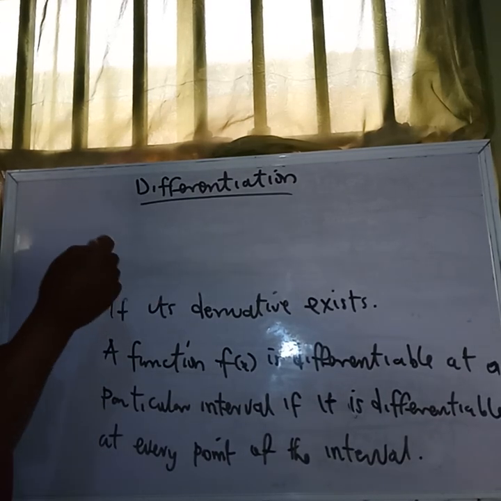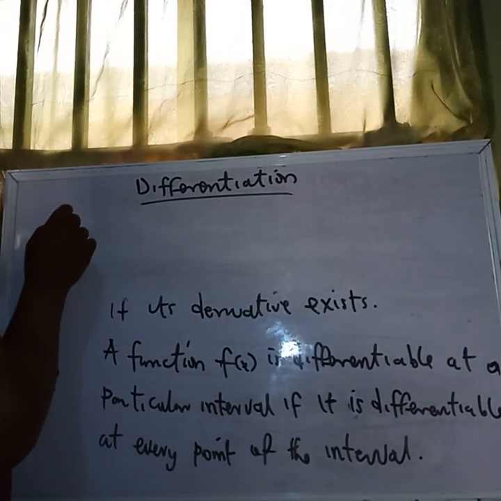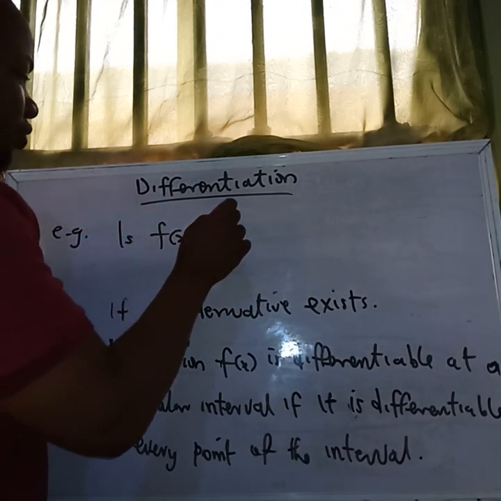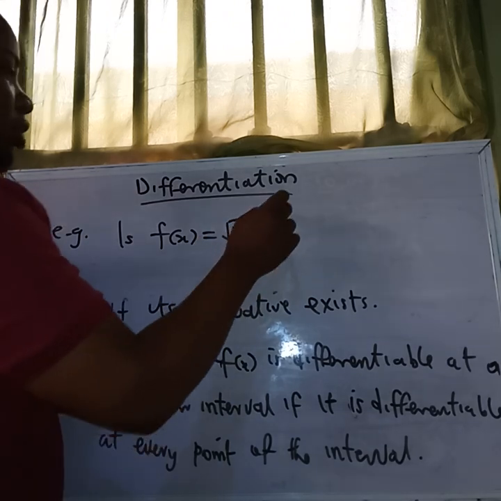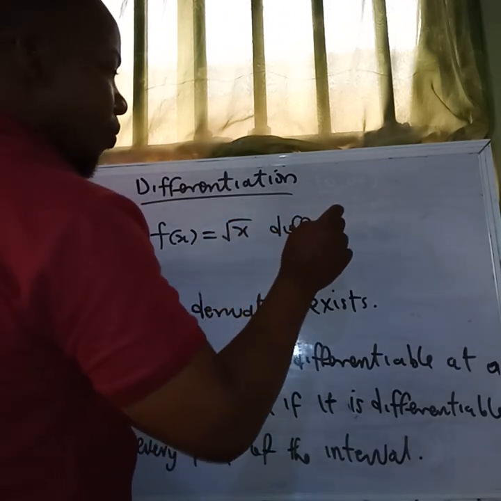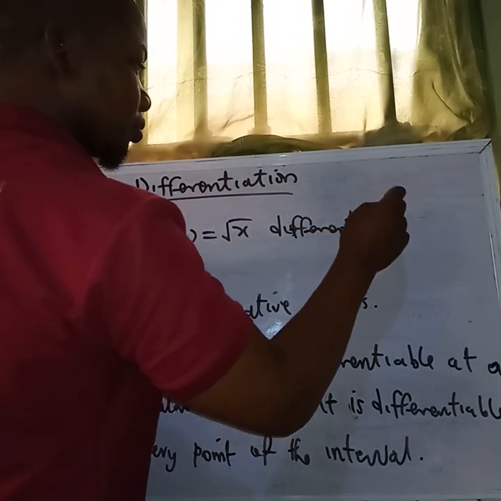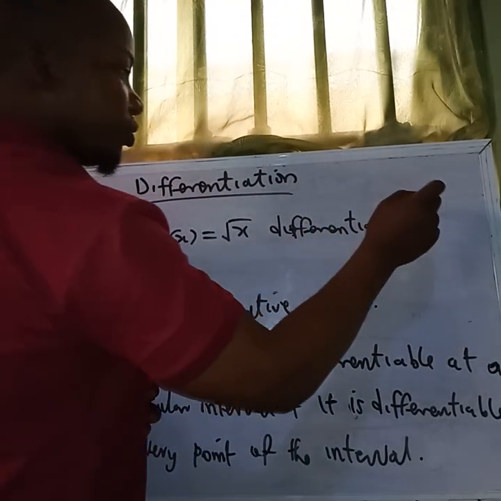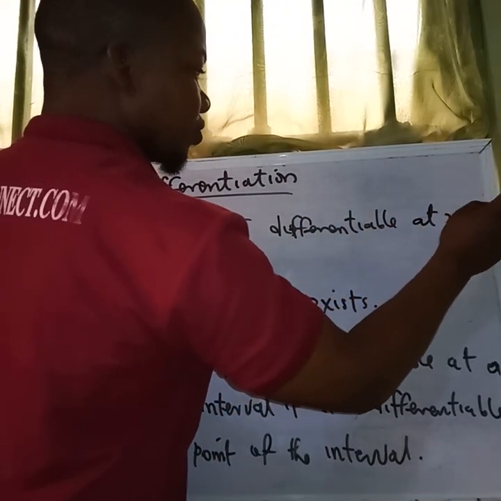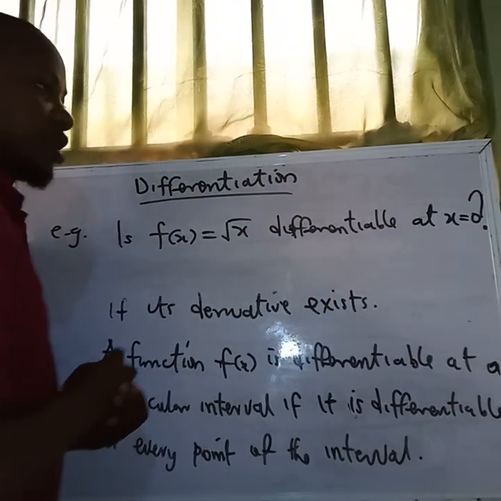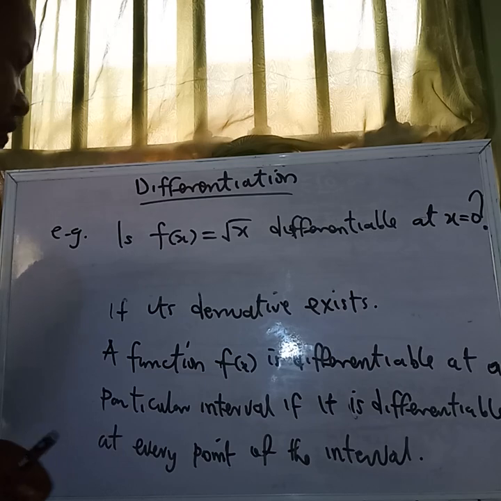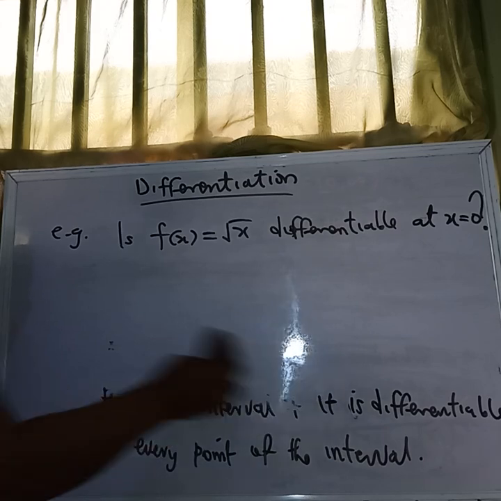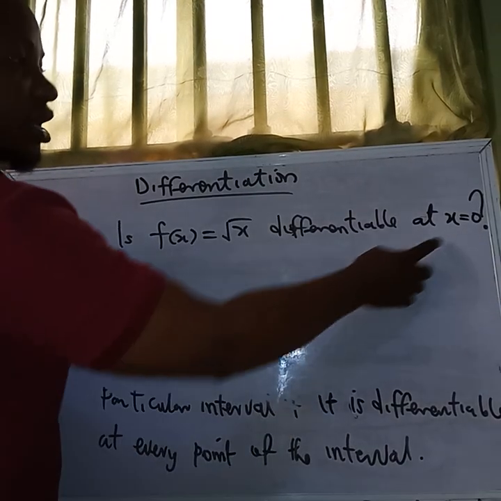Since we have the derivative of this function earlier, one can pose this question: is f of x equal to square root of x differentiable at x equal to 0? So here is a question we need to ask. To check this, we'll see whether the derivative of this function exists at 0.